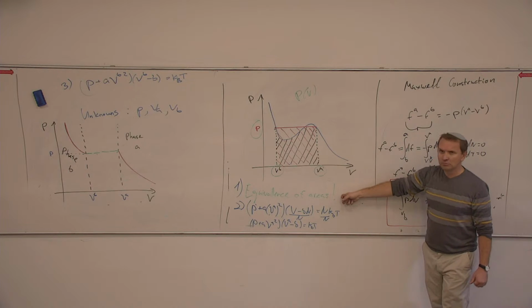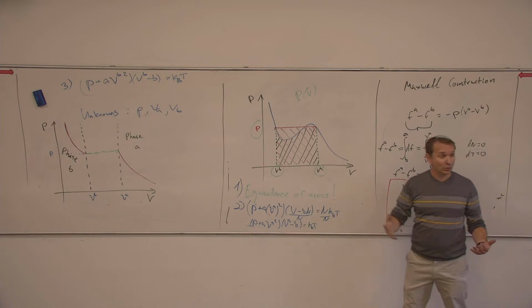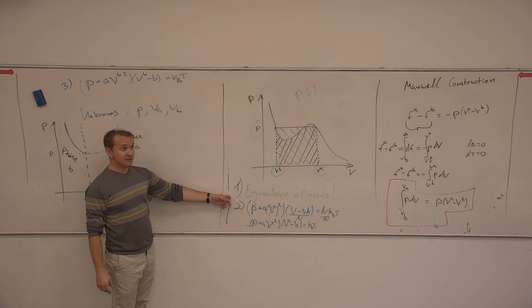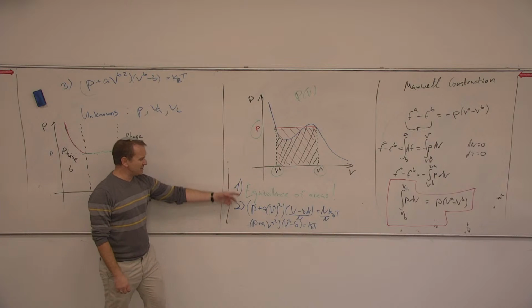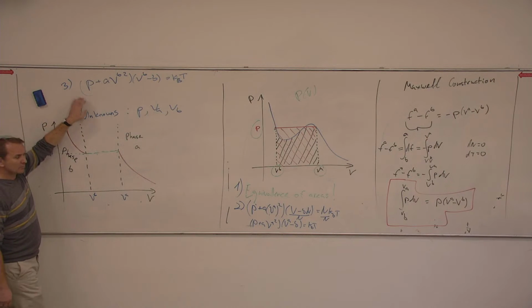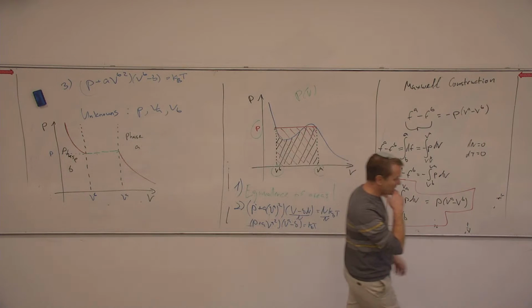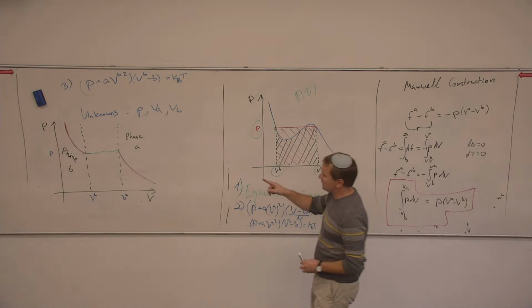And you can replicate this statement for any other equation of state, right? You basically can use this and see if there is a phase transition or not. Because the other equations are very simple. Equation number 1 is very important. Now, how is it related to temperatures? How is all of this related to temperatures?